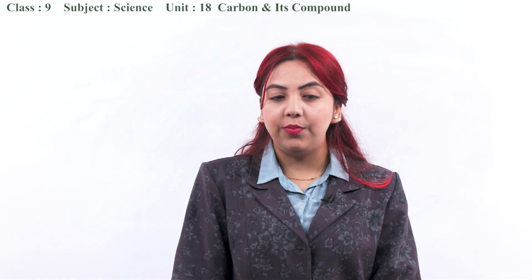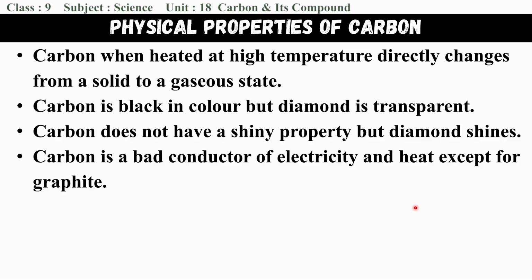Now, another physical property of carbon is that carbons are bad conductors of electricity and heat, except for graphite. In carbon, it has the tendency to share all the valence electrons present in its outermost orbit covalently with its neighboring carbon. So, it does not have any free electron that is necessary to conduct heat and electricity.